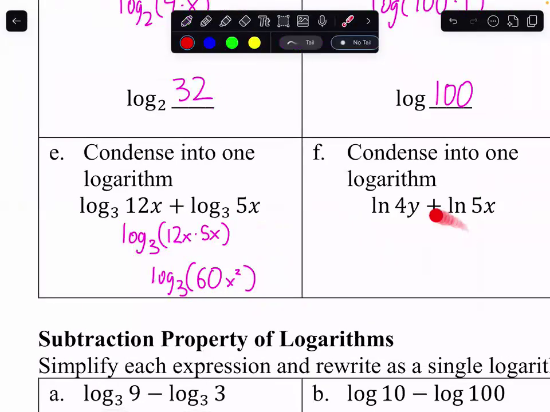Okay, so go ahead and try letter F, please. The instructions are to condense, meaning combine into a single logarithm.